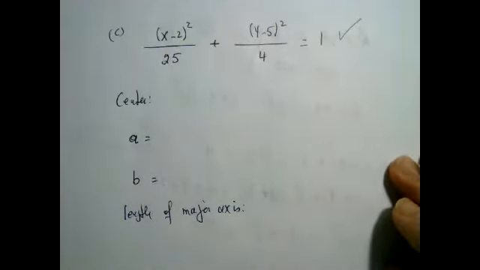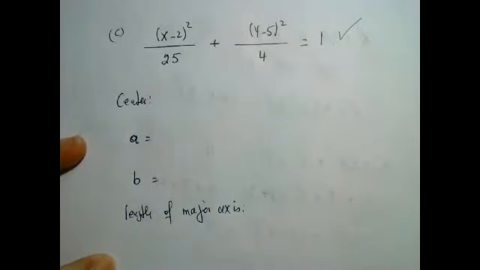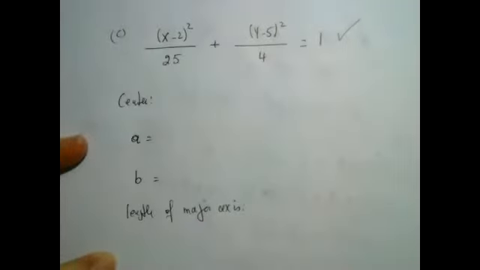And I want the center, I want A, I want B, and I want the length of the major axis. I'm going to see if I can focus it a little bit more. And then we're going to graph. Kishan, can you follow me? Yes or no? Yeah, thank you.